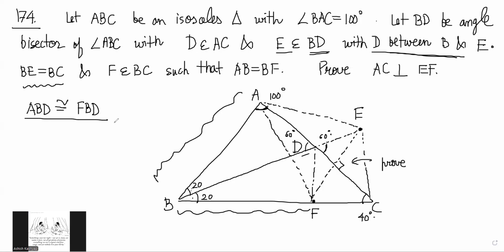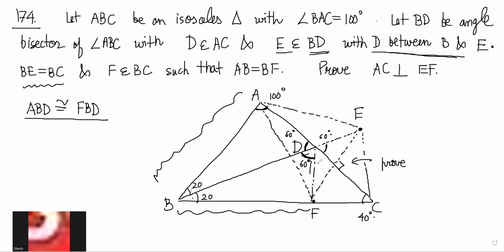And if that is so, then we know that FDB, this angle, is going to match this angle, right? Do you understand? Yes, sir. So that will be 60 then, right? Now FDC is also 60.